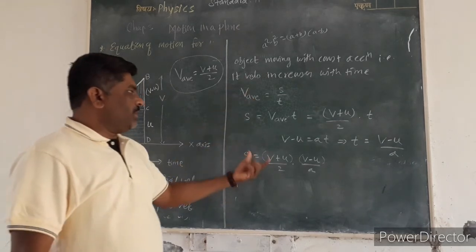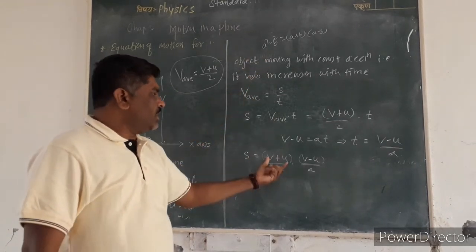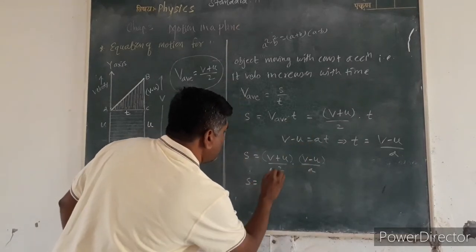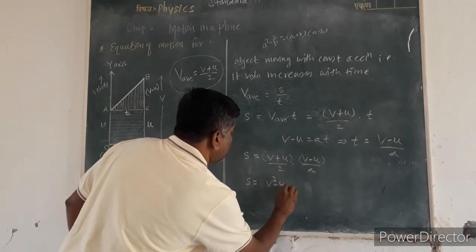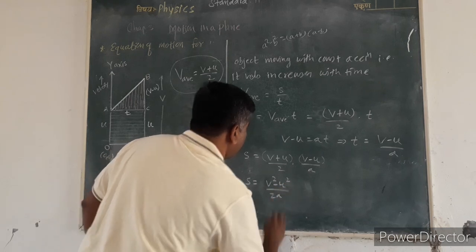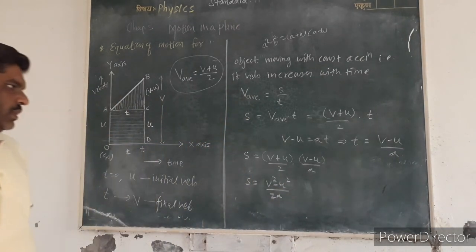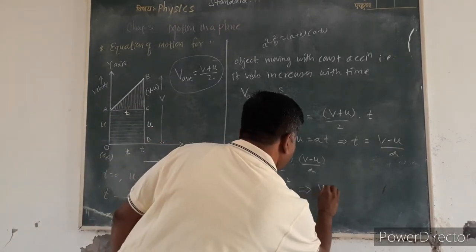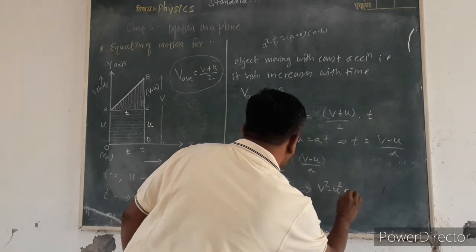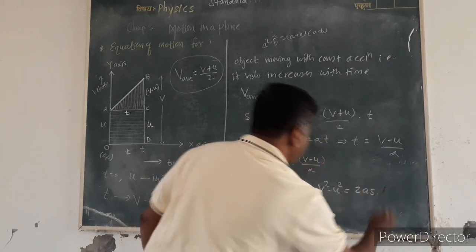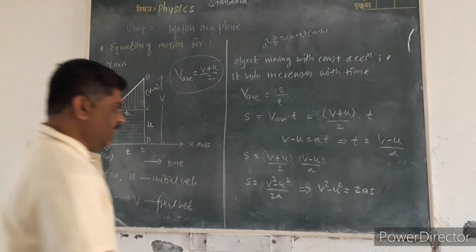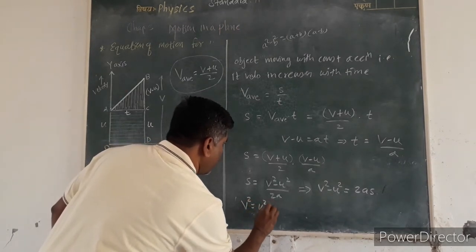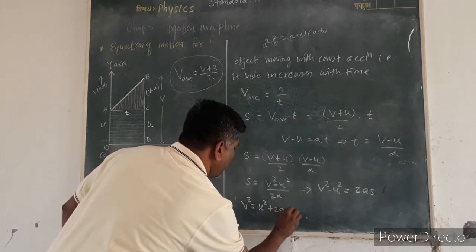Therefore, with a as v and b as u, s is equal to v square minus u square divided by 2a. Therefore v square minus u square is equal to 2as, or finally v square is equal to u square plus 2as.